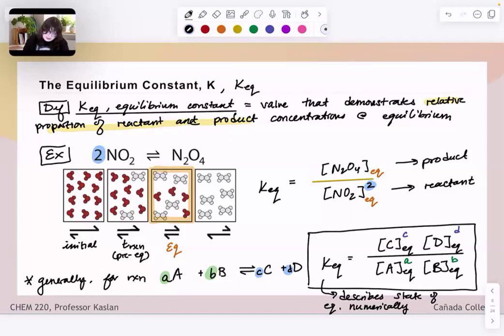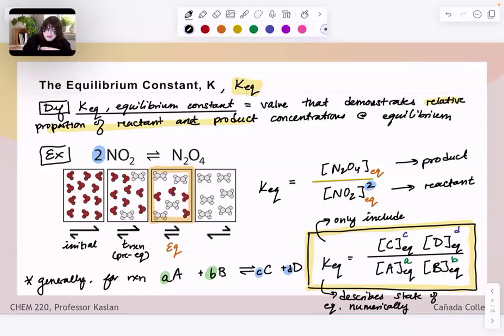Now, the thing about the equilibrium constant that we should keep in mind is that the equilibrium constant, if it is a proportion of concentrations, that means that this can only include things that we can use a concentration to describe.